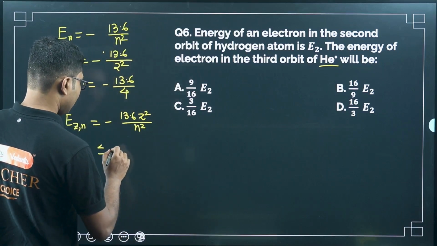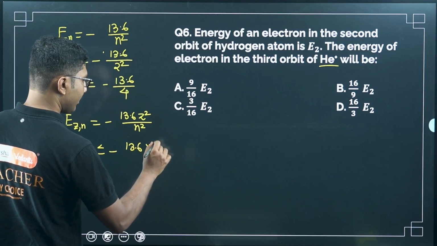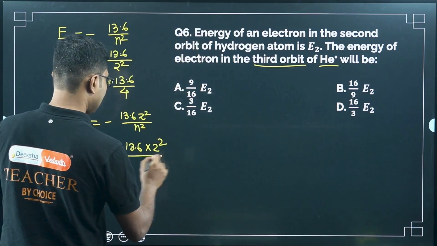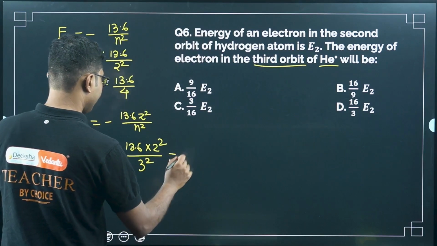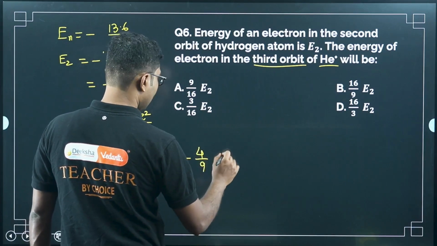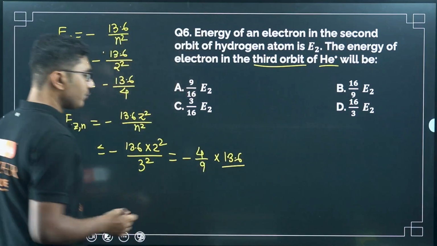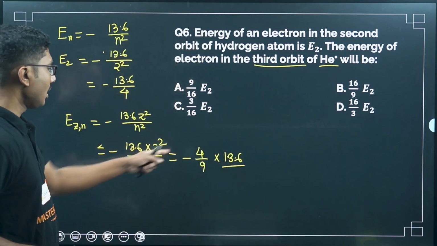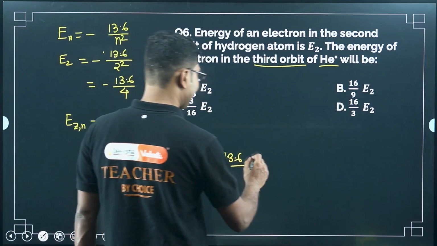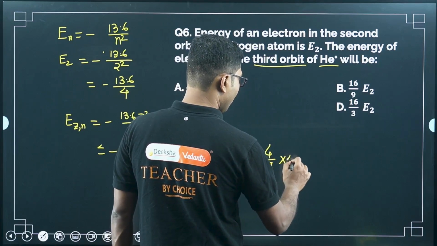So 13.6 times 2 square, and what orbit? Third orbit. So n is 3 square, so it will be minus 4 by 9 times 13.6. 2 square is 4, 3 square is 9, so 4 by 9 times 13.6. Now let me rearrange it. 4 by 9 times 1 extra 4.